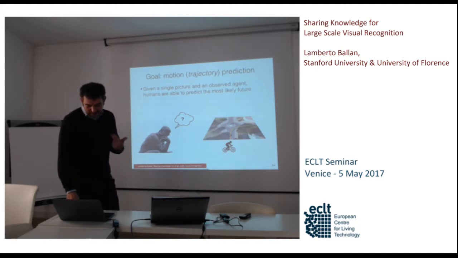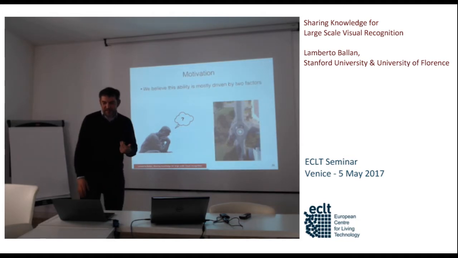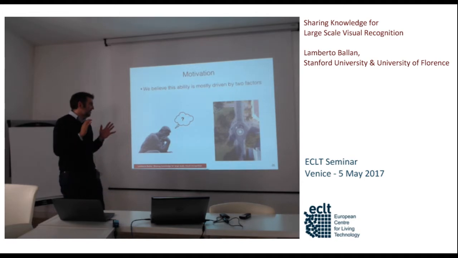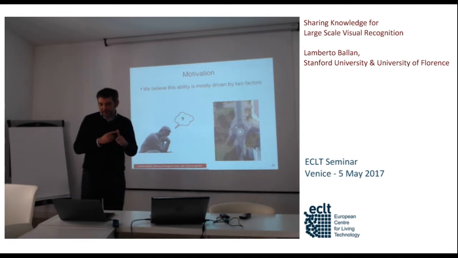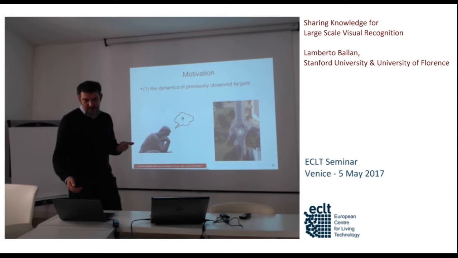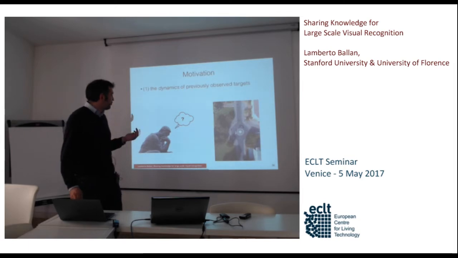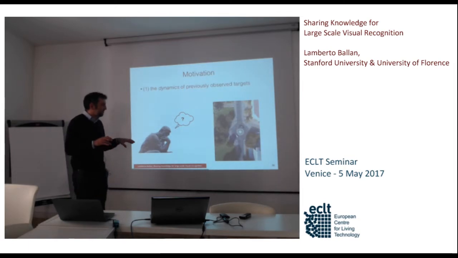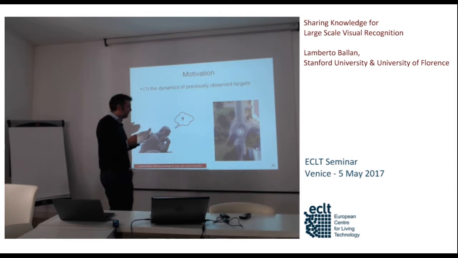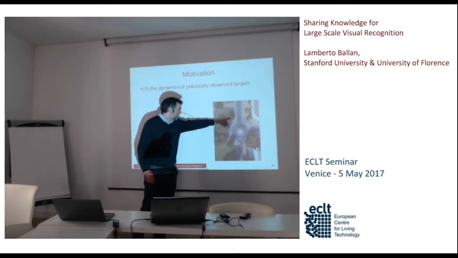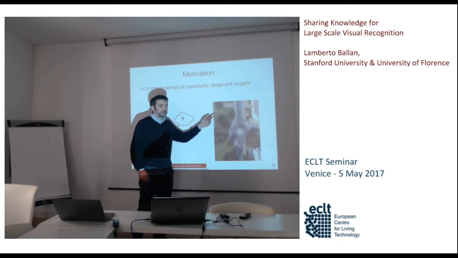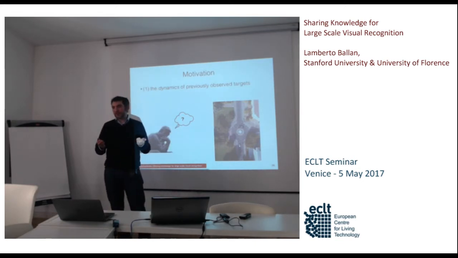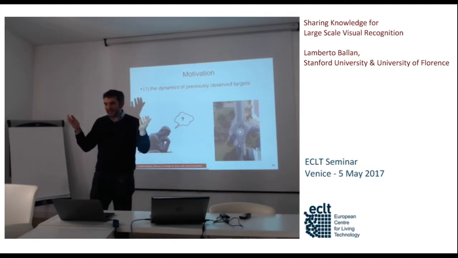The claim of our work is that this ability is mostly driven by two main factors. The first one is that humans have a lot of prior knowledge about the dynamics of previously observed agents, like bicycles, right? You know that usually bicycles or cars move on the road, not on the sidewalk or on the grass.